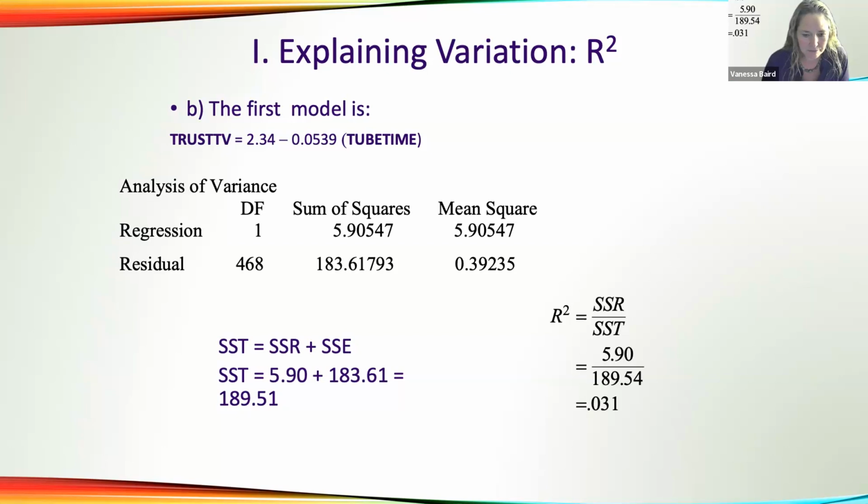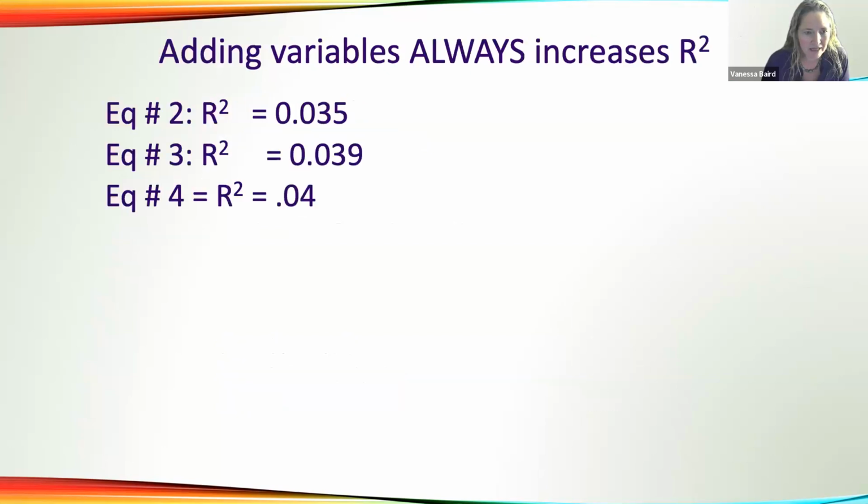Then I've got equation 3, where I add in some other variables, and look, my R-square goes up. Then I add in my astrological sign and how much I like Japan, and R-square goes up from 0.039 to 0.04. So therefore, I must be adding to our understanding, and it does not.